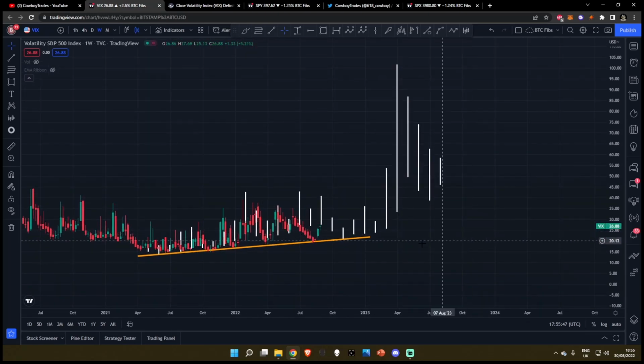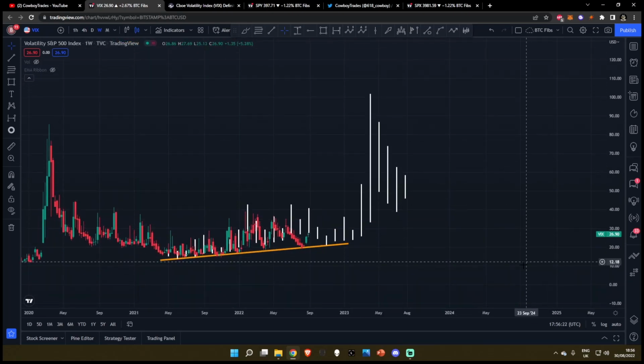Now, if we're looking at what happened over on the VIX here, according to this 2007-2008 recession fractal, we should be getting ready for the next major leg to the upside on the VIX on the 31st of October, meaning we've got about another 2 months for the VIX to trend sideways on this uptrending line of support before we go on this parabolic run to the upside.